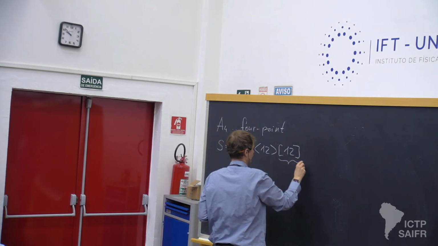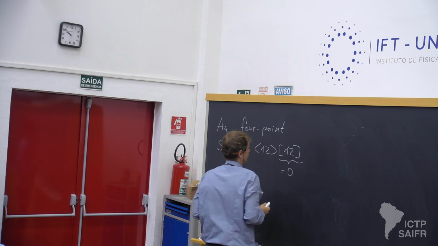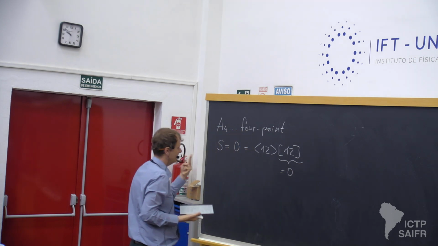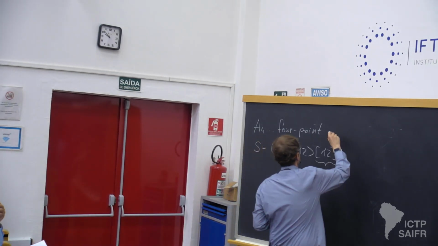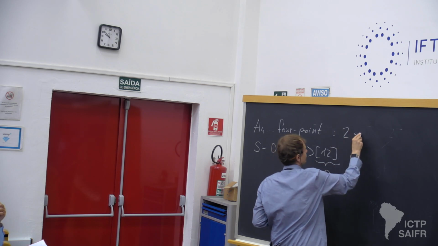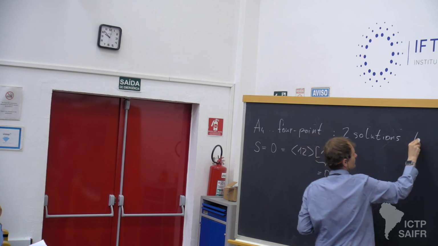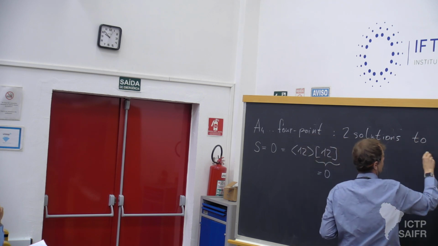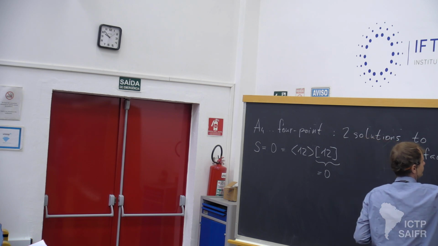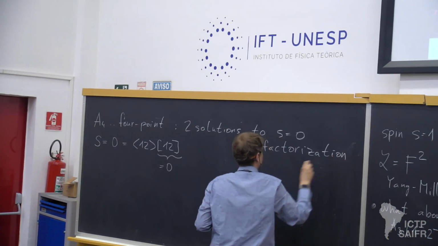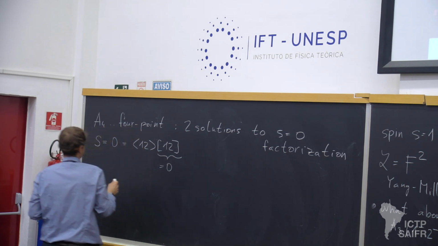So let's consider we set to 0 this factor, and then we will do the other one. There are two solutions to S equals 0 factorization. So this is the first solution.